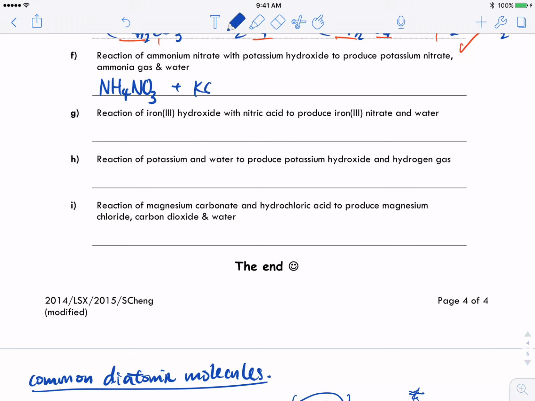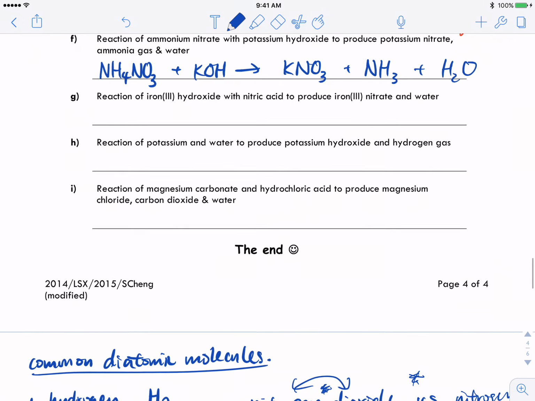Reacting with potassium hydroxide to give us potassium nitrate, ammonia, and water. Potassium is balanced, ammonium nitrate is balanced. Then everything else is balanced. Yes.